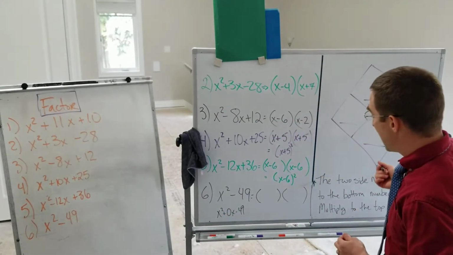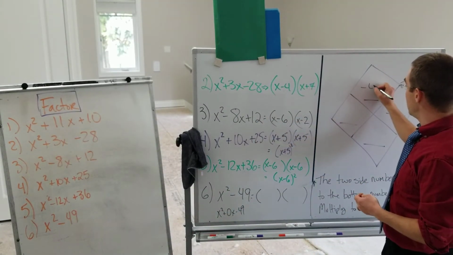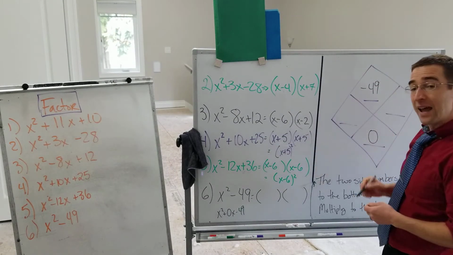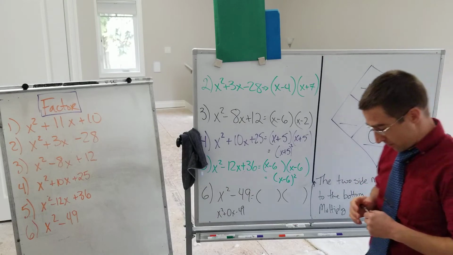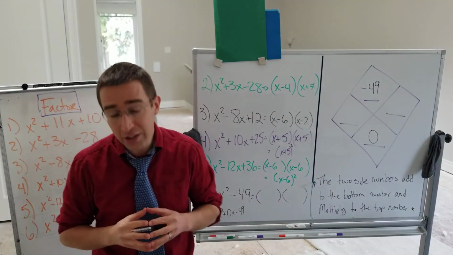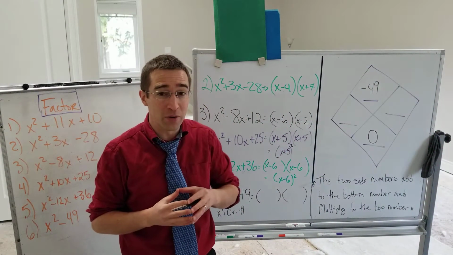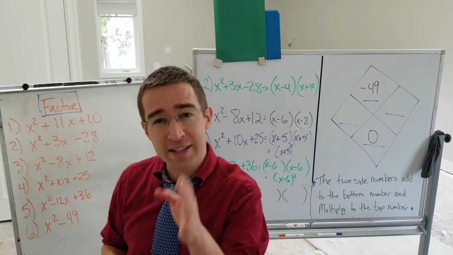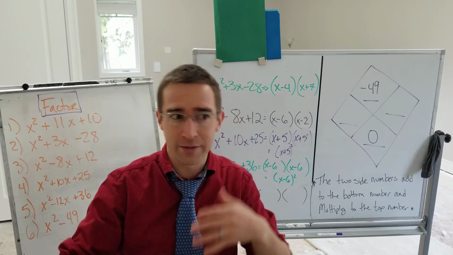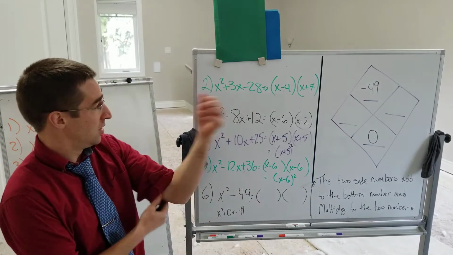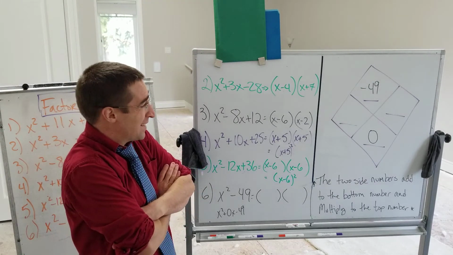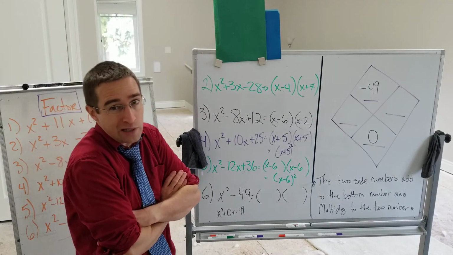So what I need to do now is find two numbers that multiply to negative 49 and add to 0. So here, to add to 0, these two numbers need to be opposite numbers. In other words, it's got to be the same number, one positive, one negative. Well, what number multiplies by itself to give us just regular 49?